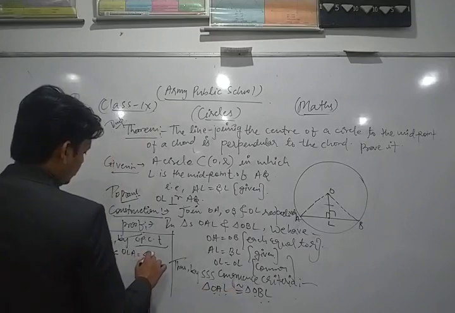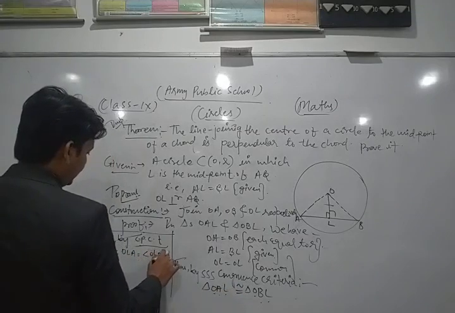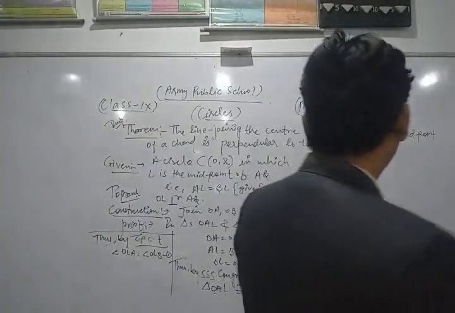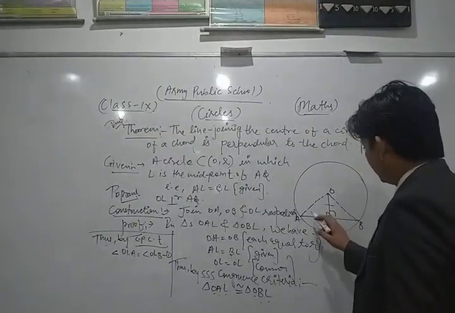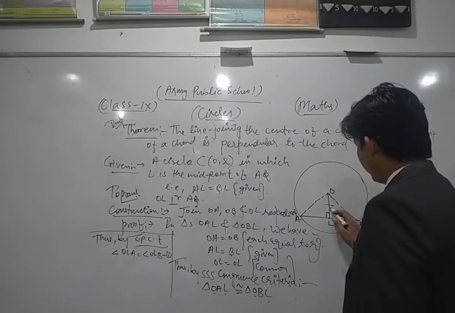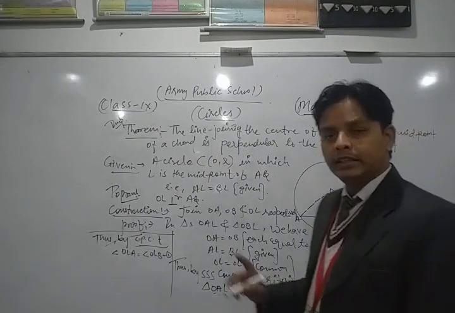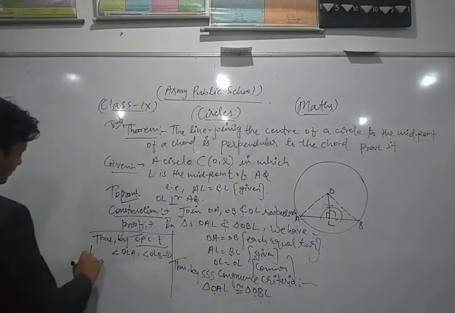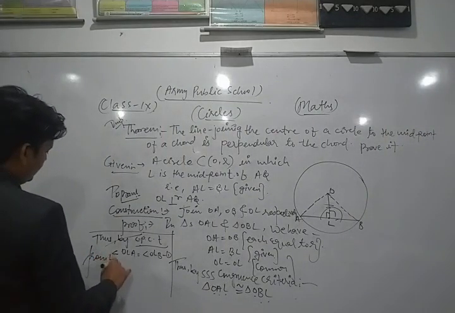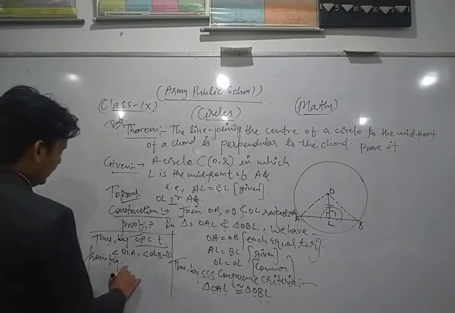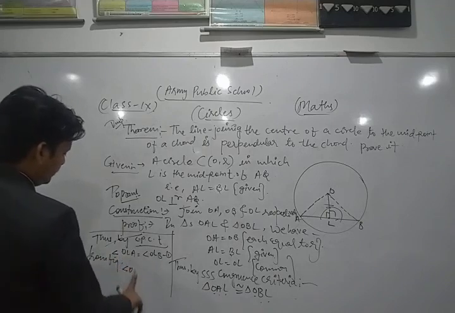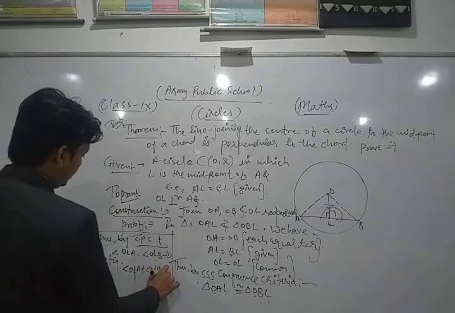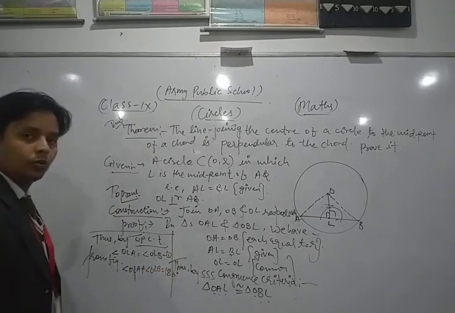Take this as equation number 1. Now look, angle OLA and angle OLB form a linear pair, so their sum of measures is 180 degrees. So from the figure, angle OLA plus angle OLB is equal to 180 degrees.